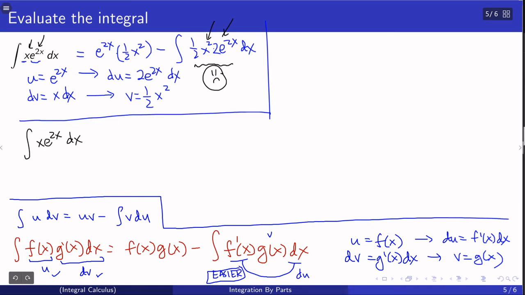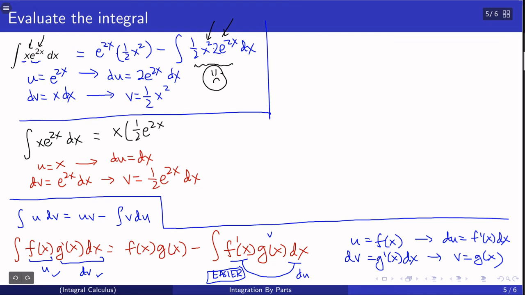But now picking u equals x instead, and dv equals e to the 2x dx. U equals x gives me du equals dx, because x has a derivative of just 1, and then v is 1/2 e to the 2x. It's the exact same formula, u times v: x times 1/2 e to the 2x minus the integral of v du.